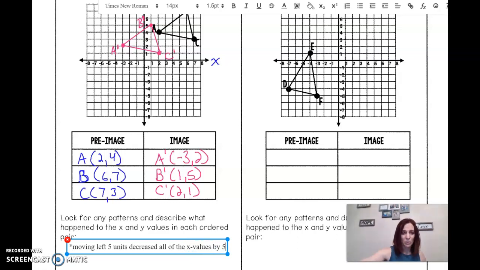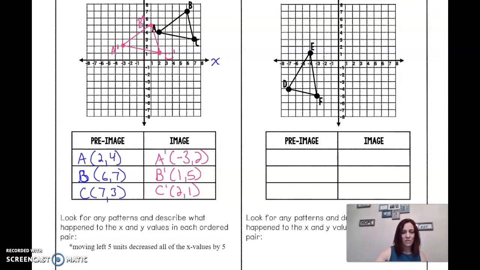So we moved A 5, we moved B 5 to the left, we moved C 5 to the left. And notice we went 2 minus 5 is -3, 6 minus 5 is 1, 7 minus 5 is 2.